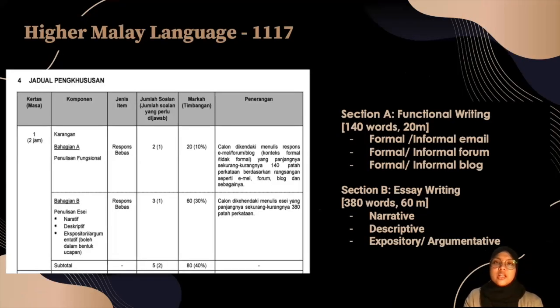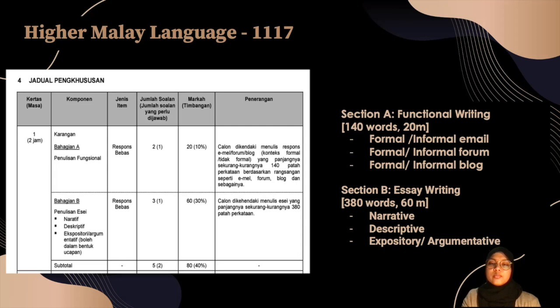So for higher Malay language or Bahasa Melayu Lanjutan, for the old syllabus, section A, functional writing, as you can see here, it didn't list down the formats that they are supposed to write. But here you can see that it's either email, forum, or blog, context formal atau tidak formal, meaning it's formal or informal email, forum, or blog.